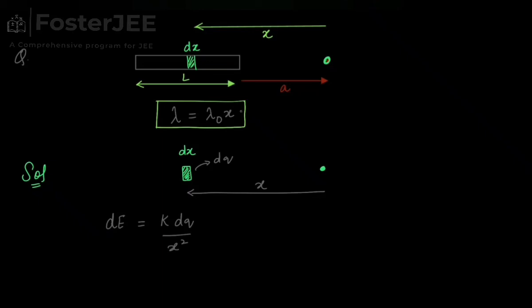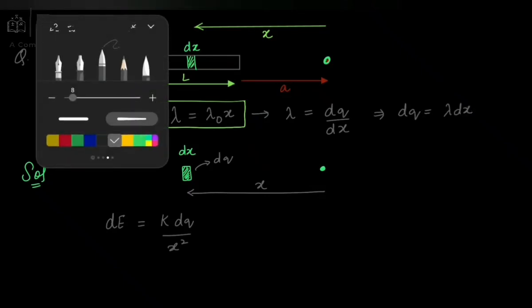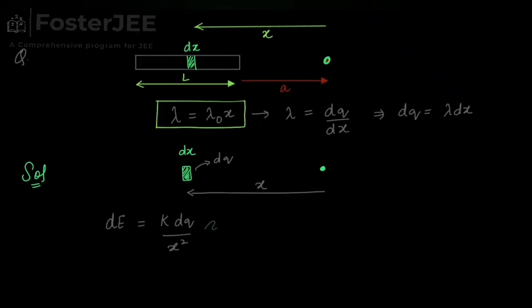Now we know linear charge density lambda is charge per unit length. From here we can write dq is lambda dx. Putting the value of dq here, we get dE equals k lambda dx upon x square.